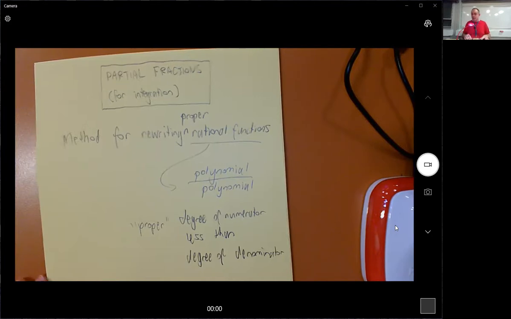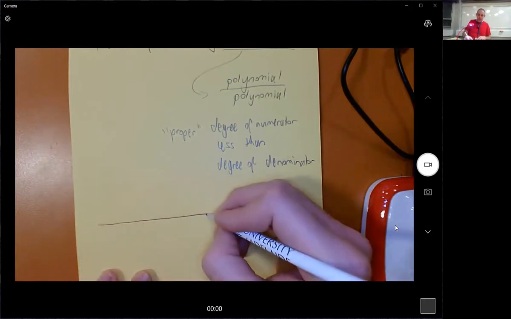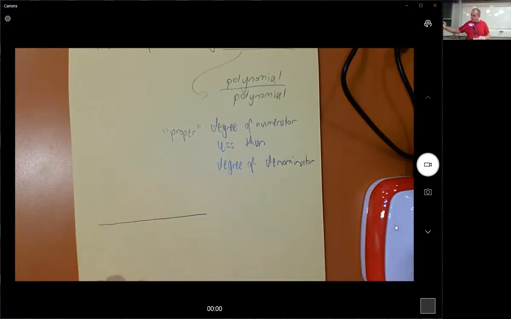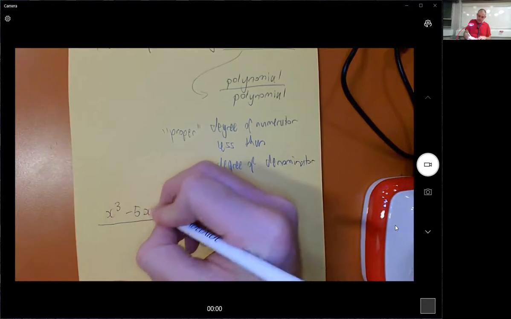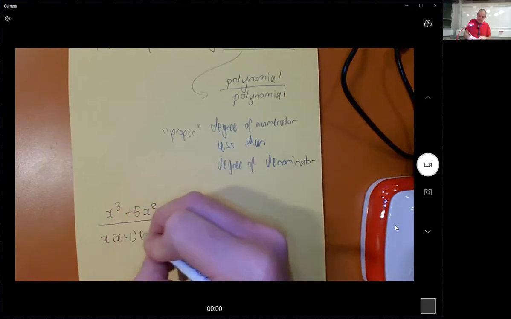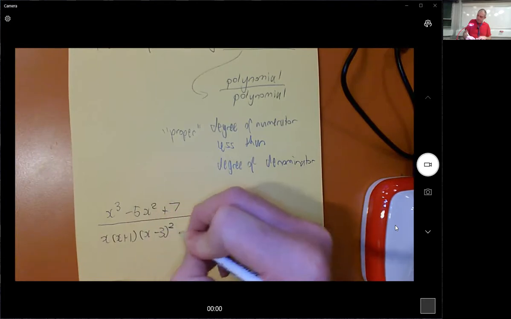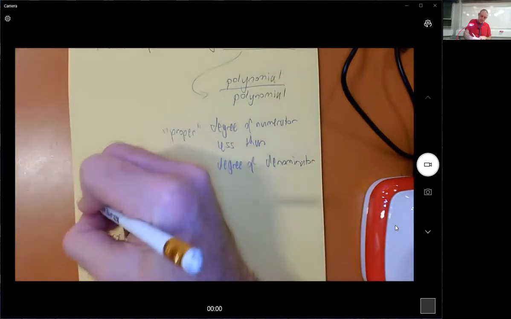Okay, so here's my example I'm going to use to make sense of this process. Example.